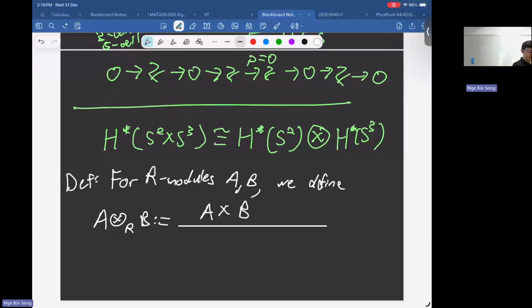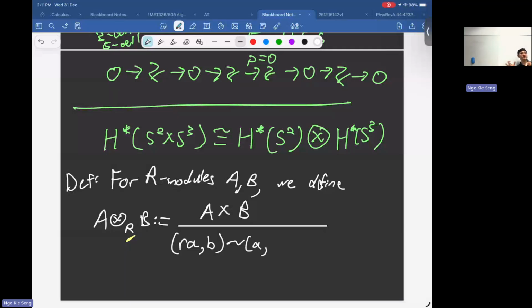There are a few relations here. One of them is that if you tensor over R, then R can actually move across the product. So (rA)⊗B is equal to A⊗(rB).